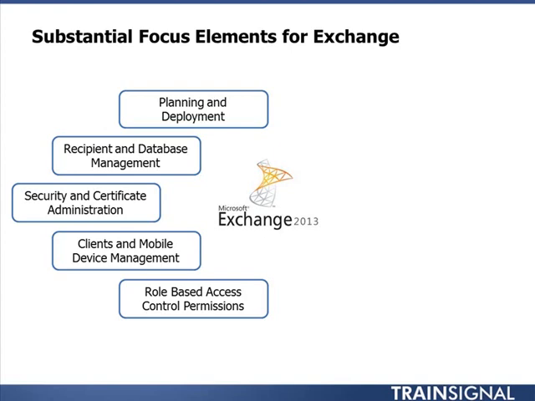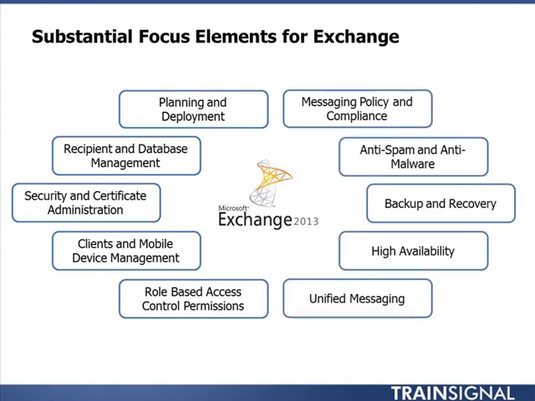Those are pretty much the basics for getting any Exchange environment up and running. In addition, to really round out your knowledge of Exchange and see the edges in all directions, we have 5 additional focus elements. There's messaging policy and compliance, anti-spam and anti-malware, backup and recovery, high availability, and unified messaging.